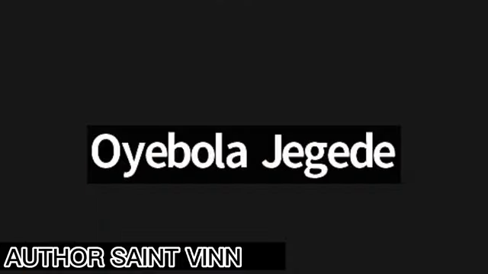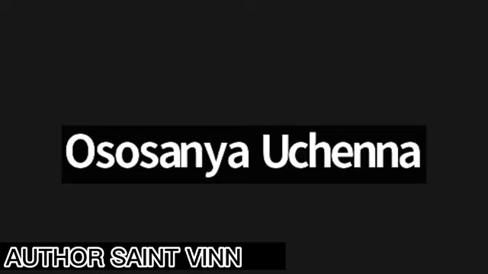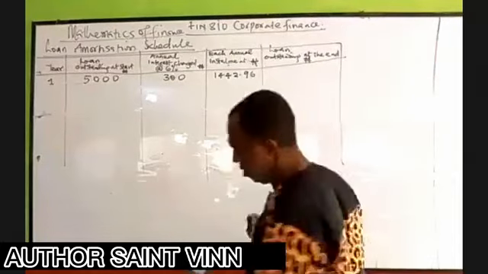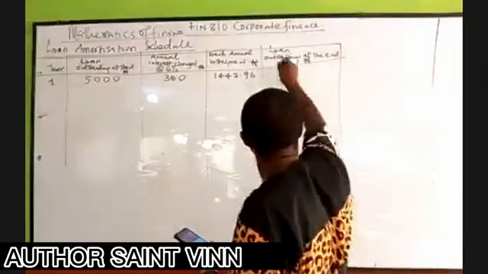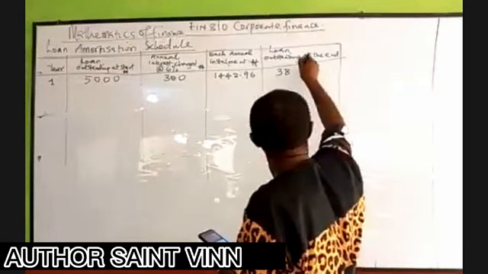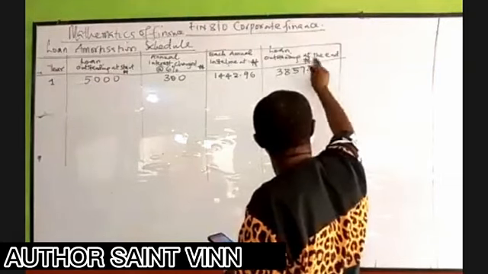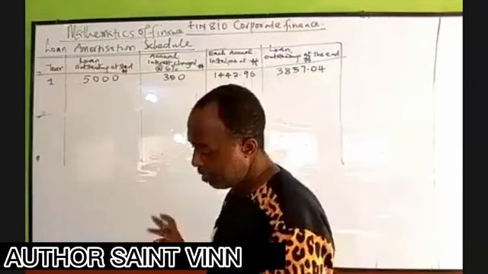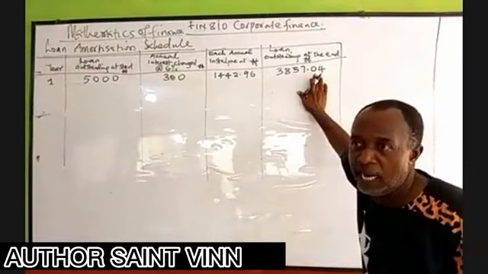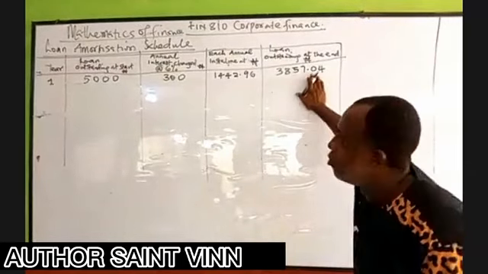Okay. 5,300. This is what we have in year 1 at the end.